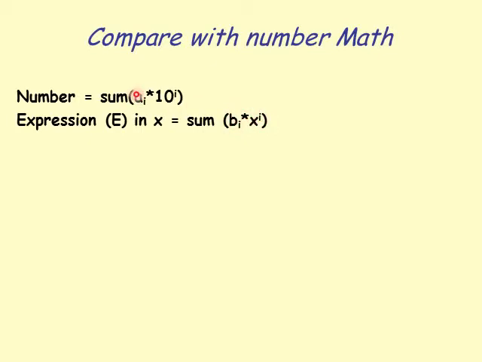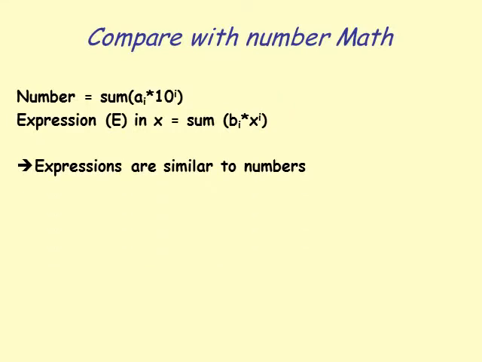So a number and an expression are similar, except that in the decimal number system we use powers of 10 for linear combinations, and in an expression E we use powers of x.